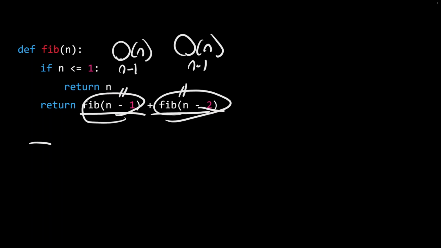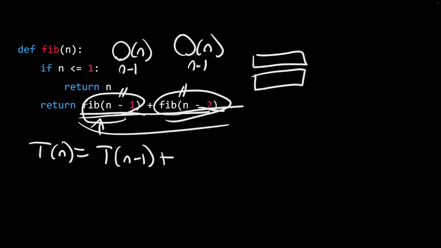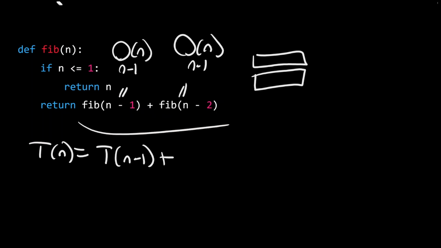So if we were to write this recurrence relation out, we have T of n minus 1 plus, before we were multiplying them, we had them side by side. Here we have them right next to each other, so we're going to put a plus, so T of n minus 1.